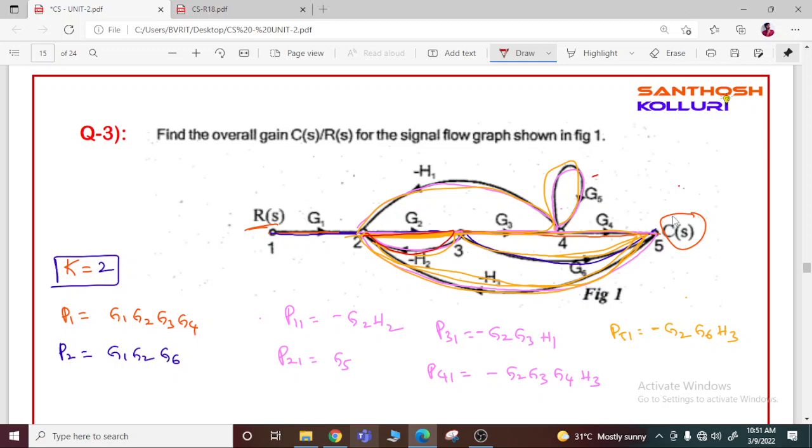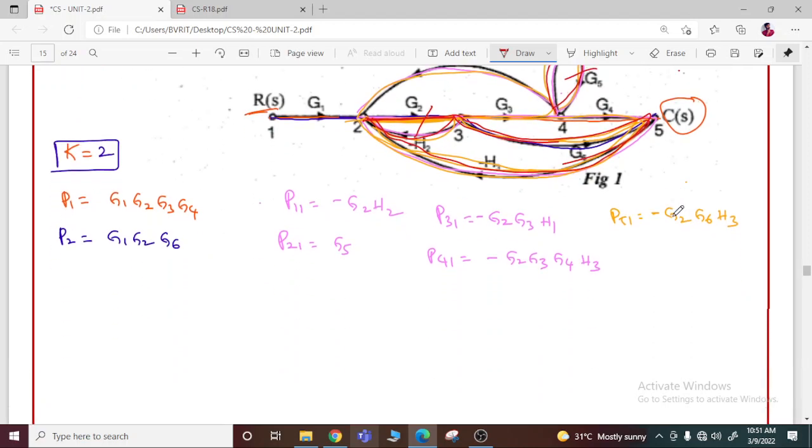This is also touching all the other loops, and if I take this one, it is non-touching with this second loop. So there are two non-touching loops available in this diagram. First one is this loop and this loop. Second one is this loop and this loop.